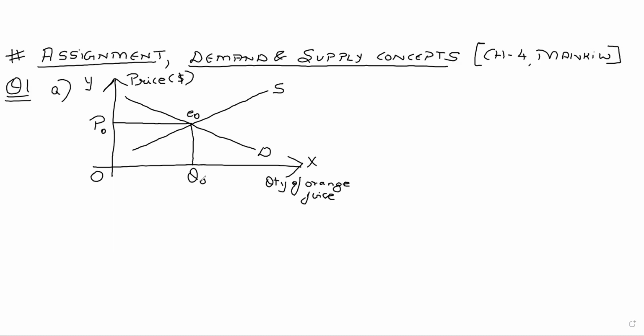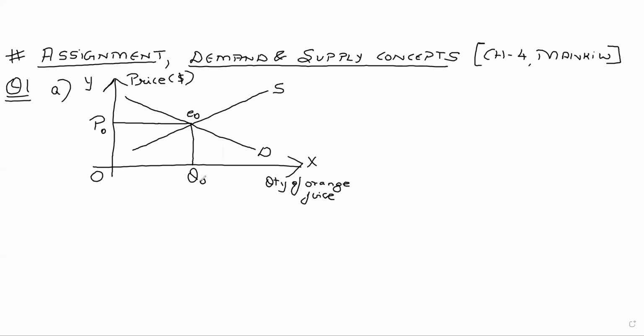Now guys, when a cold snap hits Florida, now when any calamity happens, will the demand shift or will the supply shift? When any natural calamity happens, will you stop demanding orange juice? No. But what will happen to supply?